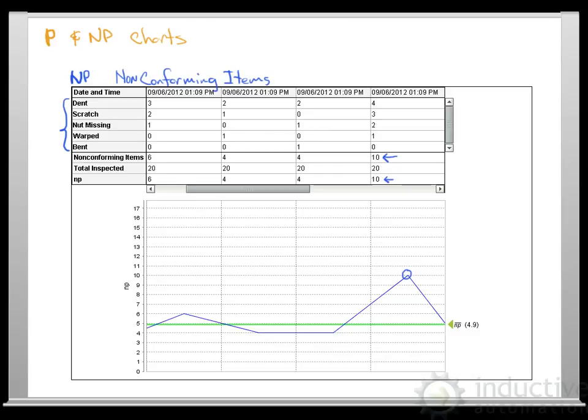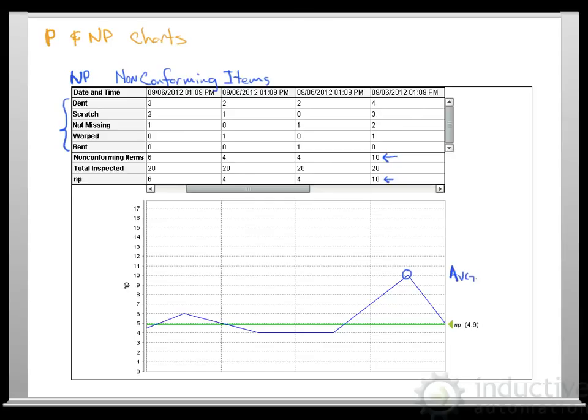Now, similar to the other control charts where we see the bar above the symbol, in this case NP bar, that is the average of non-conforming items. So if we total up this number in each sample for all samples, and then divide it by the number of samples, that gives us our average. So every time we inspect 20 items, on average 4.9 of them are defective or non-conforming.